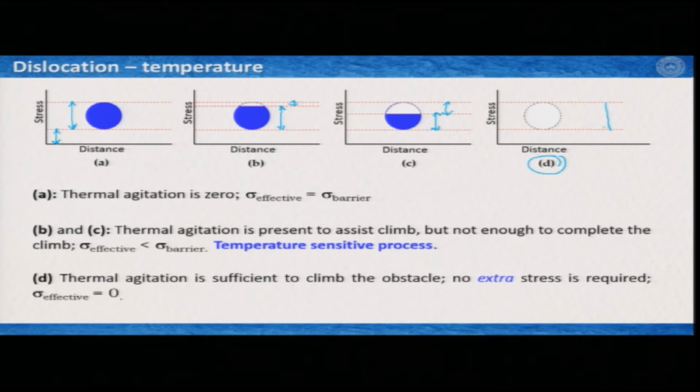this thermal agitation is absolutely fine to climb this obstacle. So, you do not need any extra stress to climb this obstacle. What we see here clearly is that if I have higher temperature, then movement of dislocation is much easier, and that can happen at high temperature.